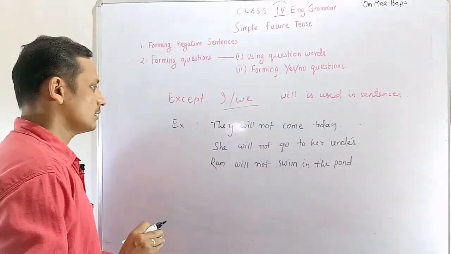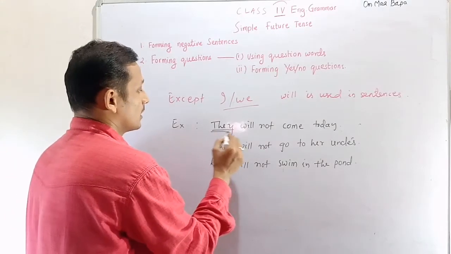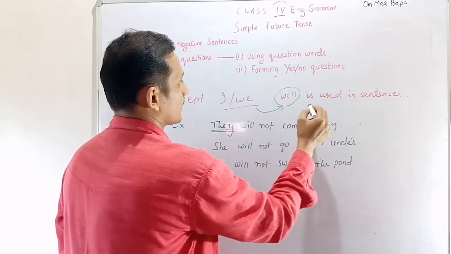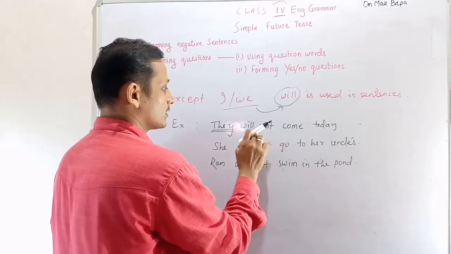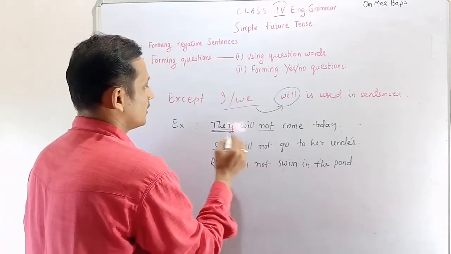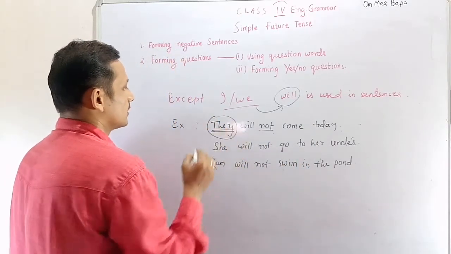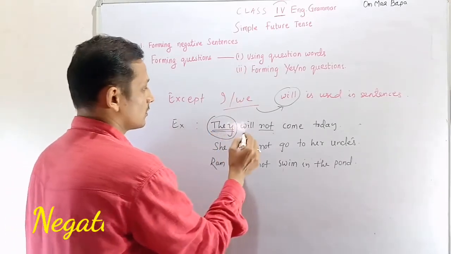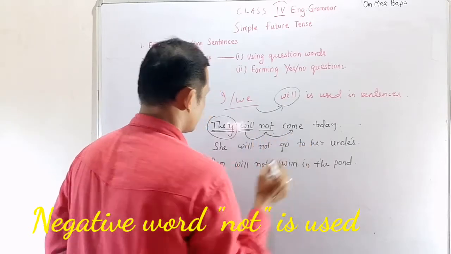Okay children, you can see except I or we, we must use will with it, and the negative, that is not. Here, they will not come today. They is the subject, so will is used, then the negative, then the base form of the verb.